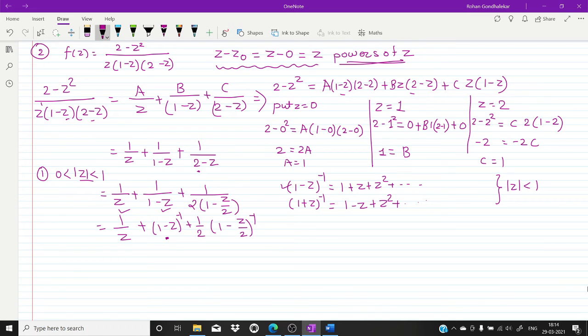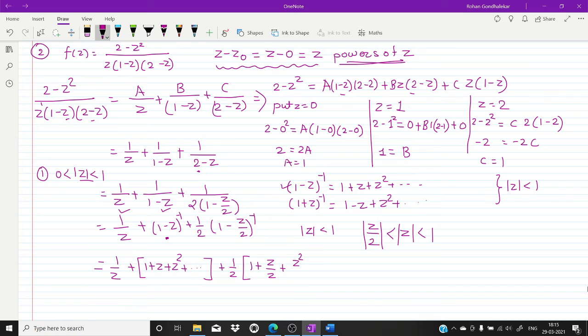Now what about this? See, your mod z is less than 1. But before we proceed, what is the relation between z by 2 and z? Of course, mod z by 2 is less than mod z, and mod z is less than 1. Clear? So this is equal to 1 upon z as it is, plus 1 plus z plus z square plus and so on, plus 1 by 2 into bracket 1 plus z by 2 plus z square upon 2 square plus and so on, this way.